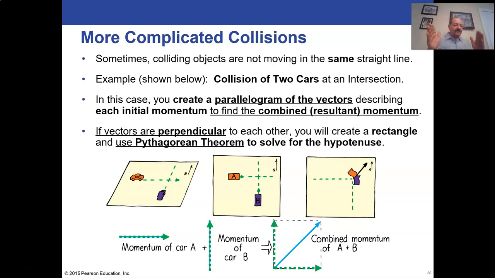A squared plus B squared will equal the resultant squared. So the resultant is equal to the square root of the sum of the squares of the two momenta. It's the same formula we've seen before with velocities and with forces. And this is just showing you how it's done to get that resultant.